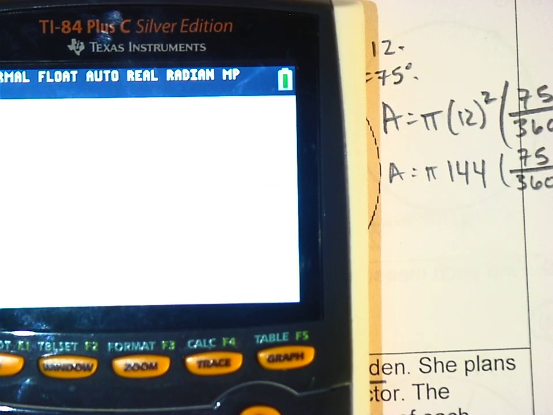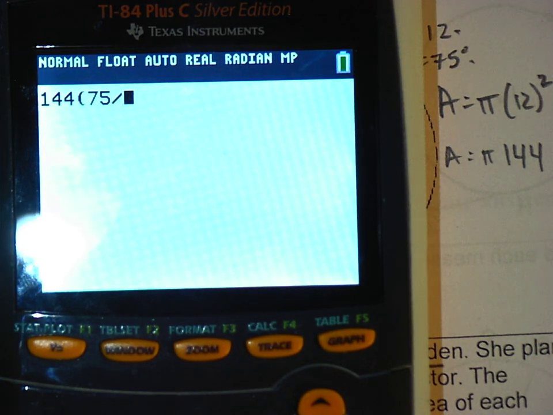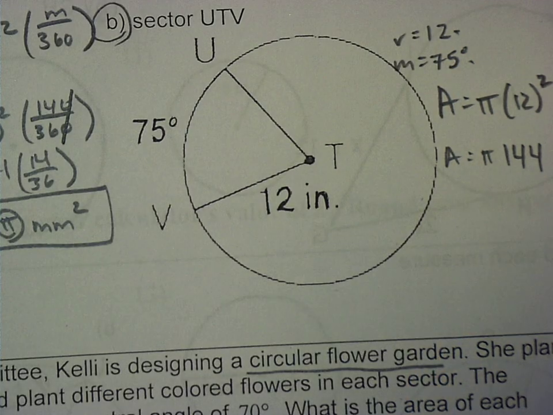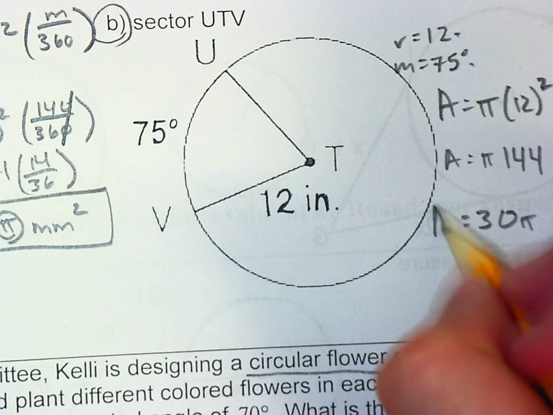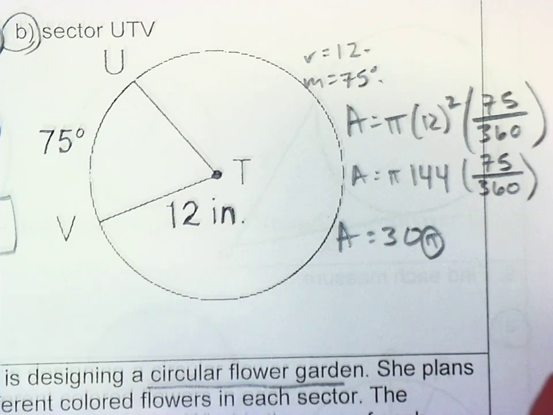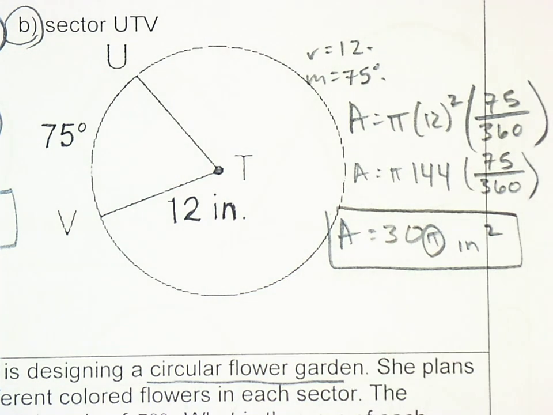Then we just do 144 times 75 over 360. Right, exactly how we wrote it on the paper. We get 30 pi. They want it in terms of pi. I'm going to leave the pi. And then our units are inches squared.